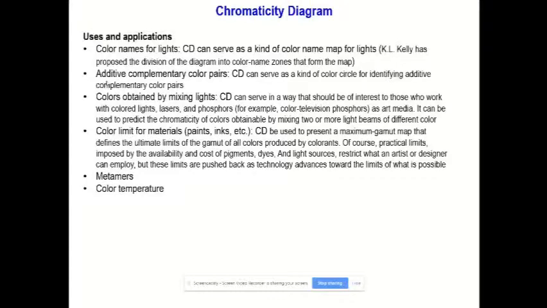Another application is additive complementary color pairs, which is about using the chromaticity diagram as a type of color circle for identifying additive complementary color pairs. I will introduce the complementary color concept in later slides. There are many other applications, such as metamers, color temperature, and the color limit for materials.